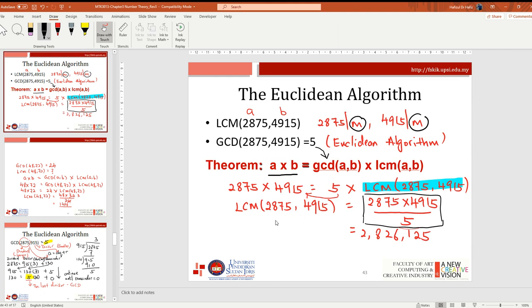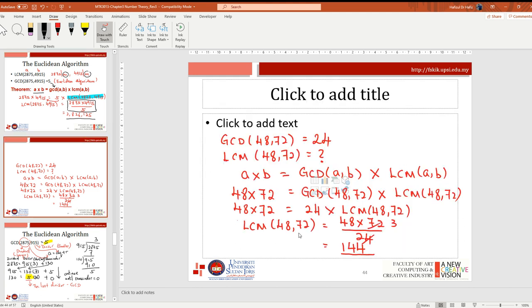Okay, this one, 2,875 and 4,019, divide by 5 is equivalent to 26,125.